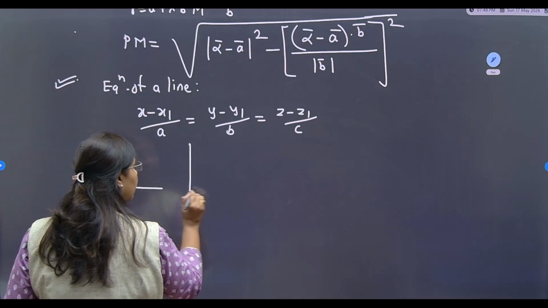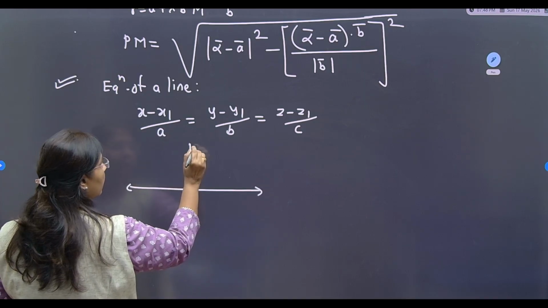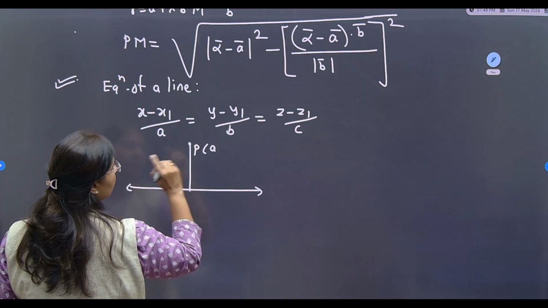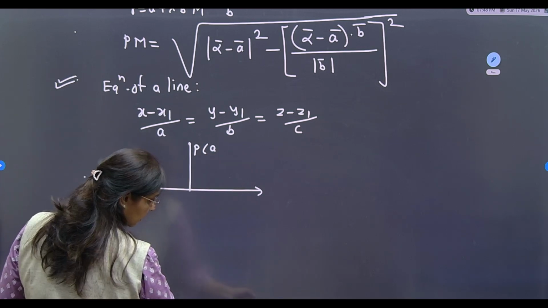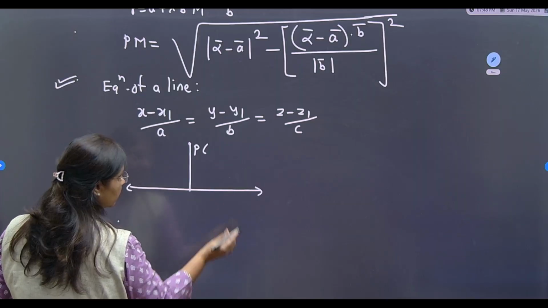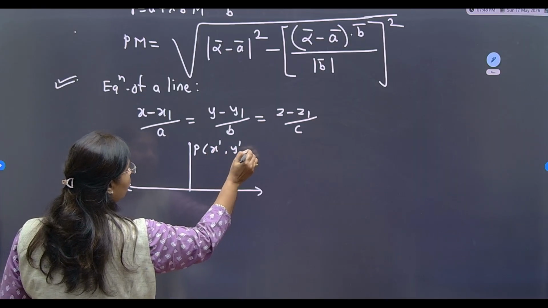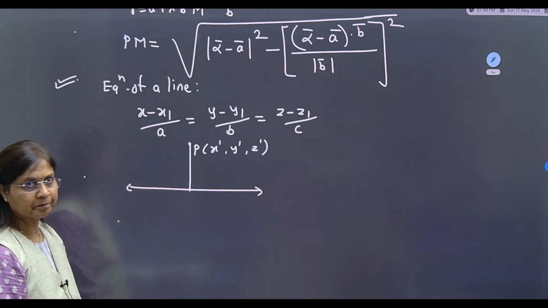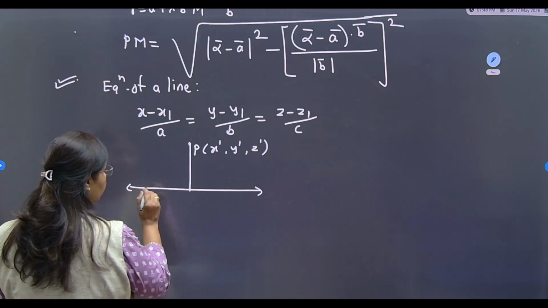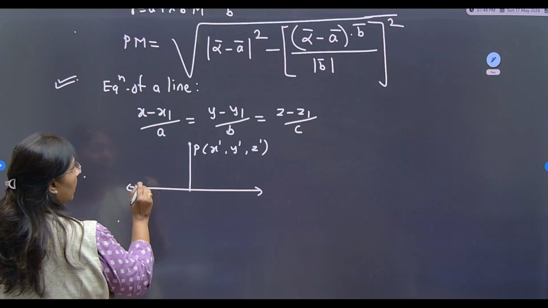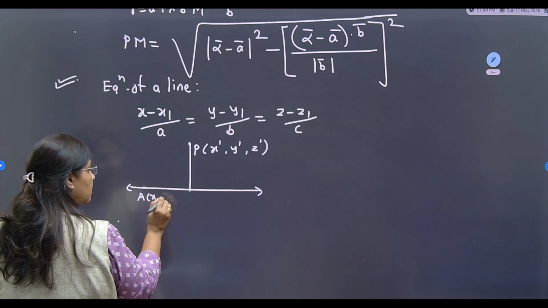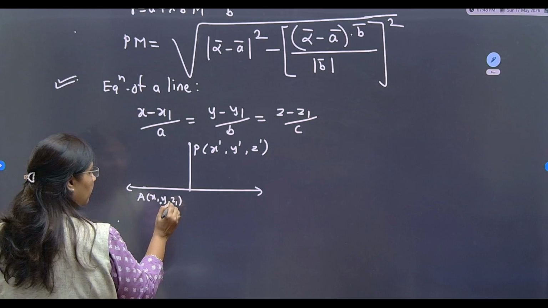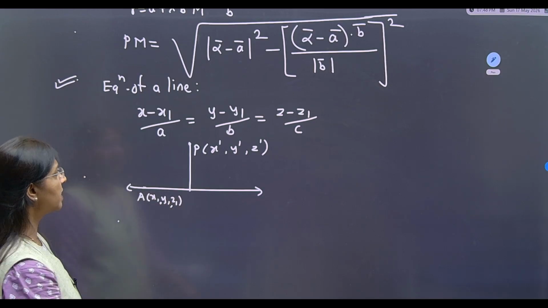For the distance from P to the line, suppose the coordinates of P are x dash, y dash, z dash. Here we applied a, b, c, so let us change the notation. The line passes through a point A whose coordinates are x1, y1, z1.